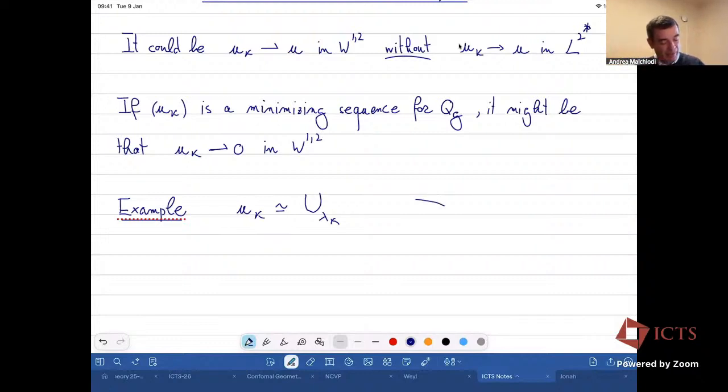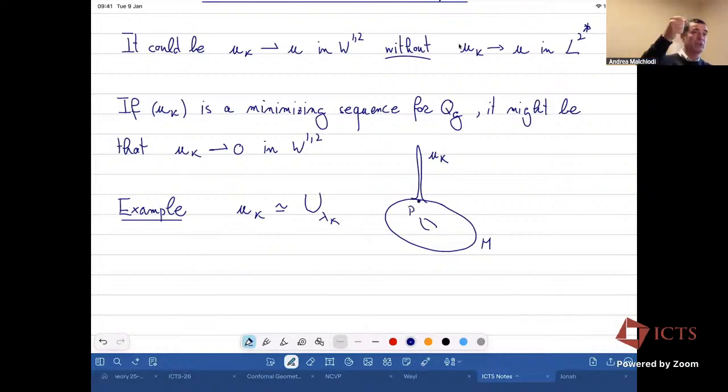So you might have your manifold, which I draw here. This is your manifold M. And you might have a minimizing sequence which behaves in this way. This is possible because, suppose you have a concentration happening at the point P. You might have seen something similar in Yannick's lectures.